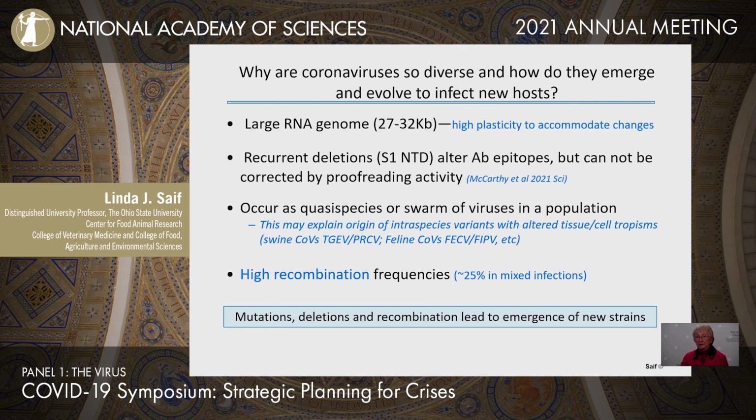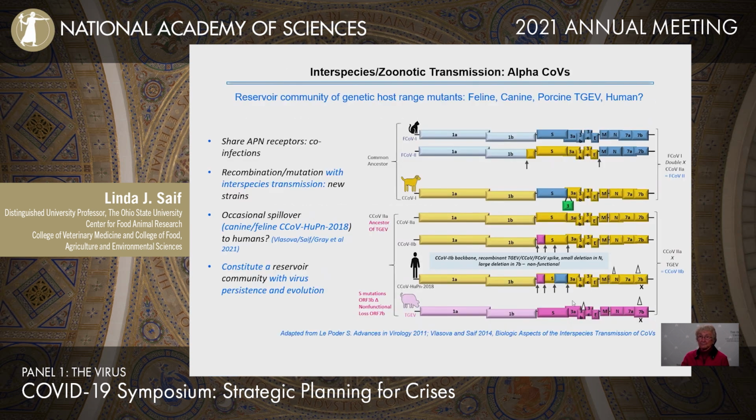We also have high recombination frequencies among coronaviruses. So it's thought that these mutations, deletions, and also recombination events have led to the emergence of new strains, including new zoonotic strains. So I want to give an example of the interspecies zoonotic transmission, first for alpha coronaviruses.